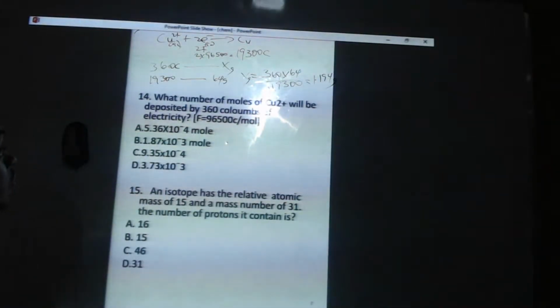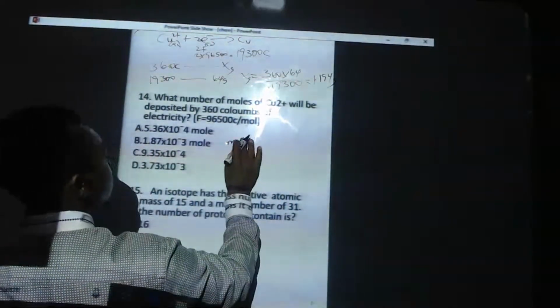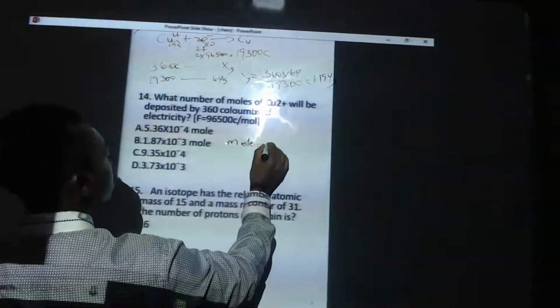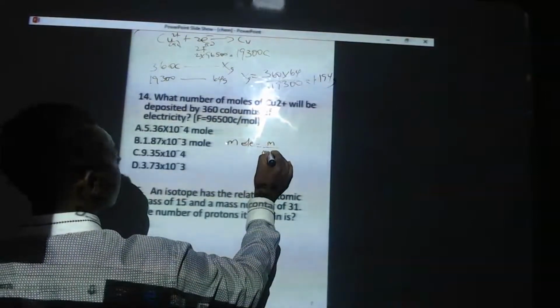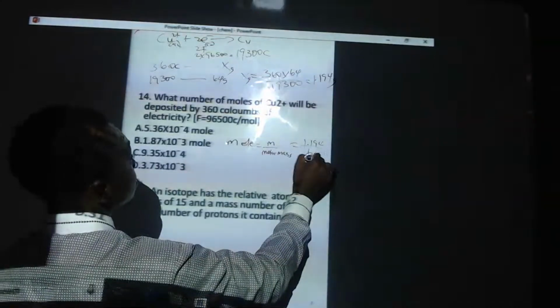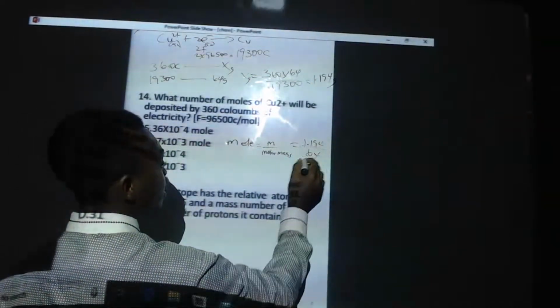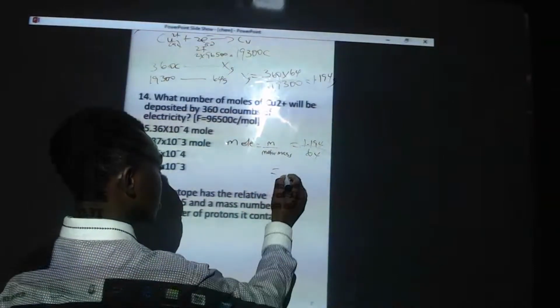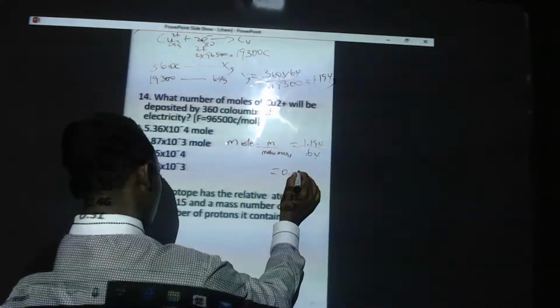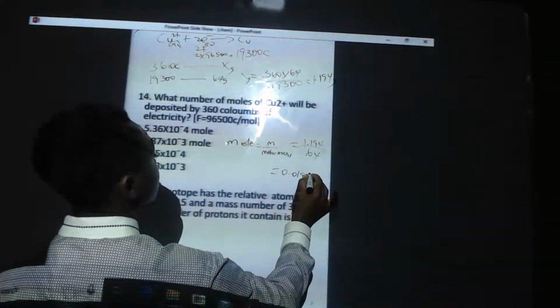Once you are trying to find mole, your mole is equal to your mass over your molar mass. The molar mass of copper here is 64. So divide 0.1194 by 64, and you should be getting 0.00187.